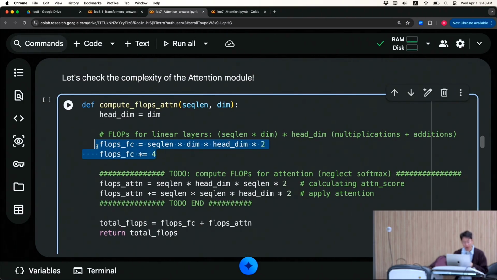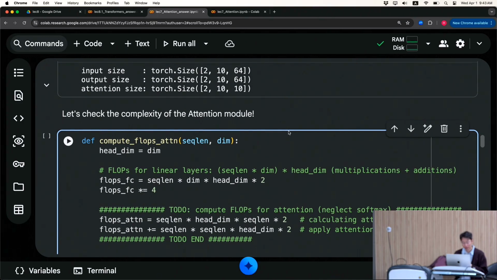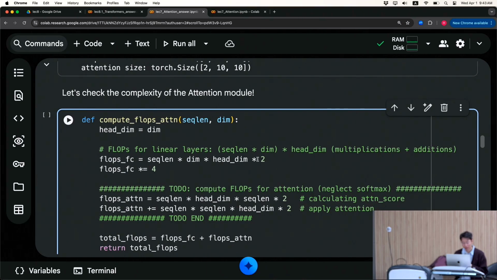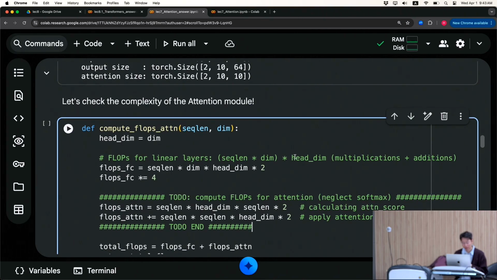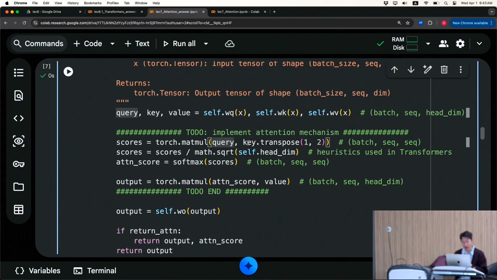Okay, so you have computed the key, value, and query matrices, the activation vectors. How about the attention score? The first component is taking the query and doing a matrix multiply with key transpose.